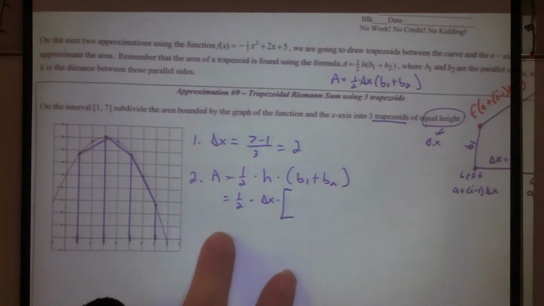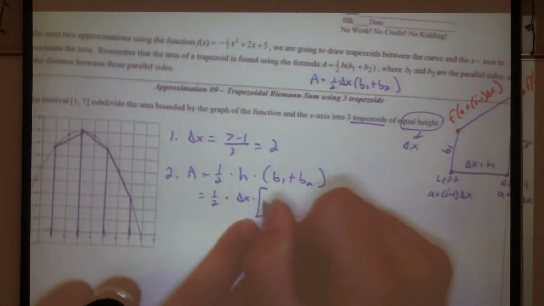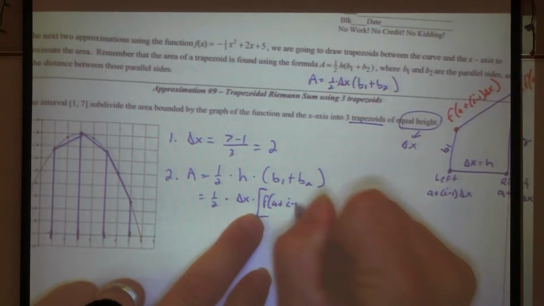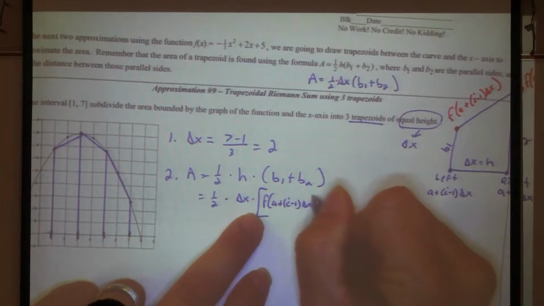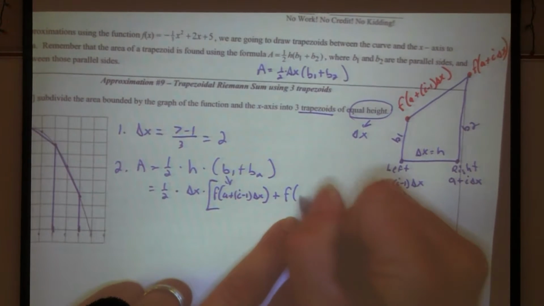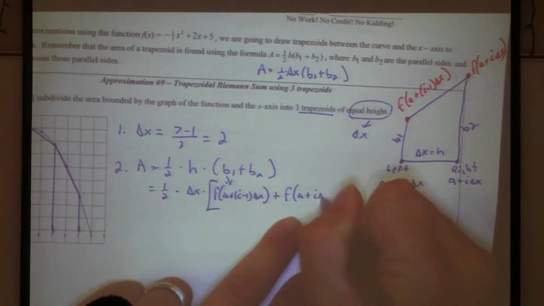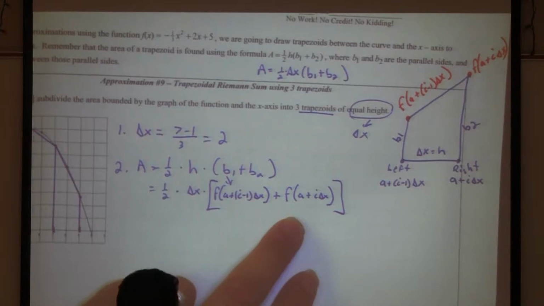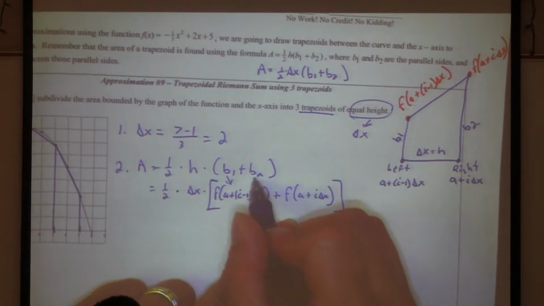What's base 1 going to be? f of a plus i minus 1 delta x. That's base 1. Plus, what's base 2 going to be? f of a plus i delta x. Got it?